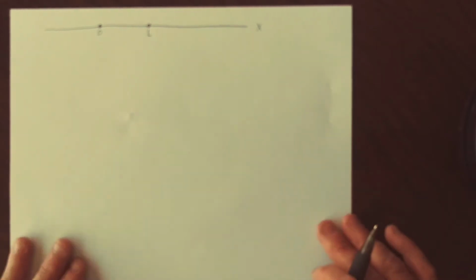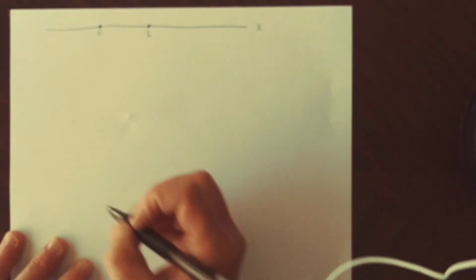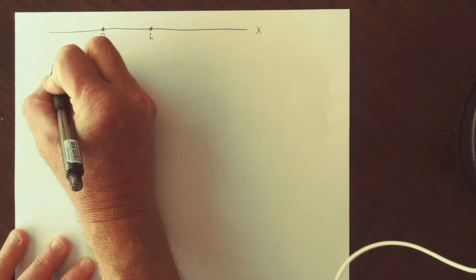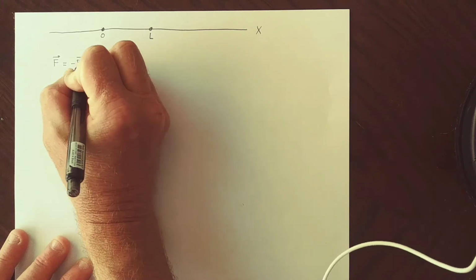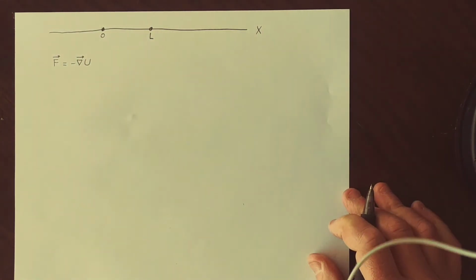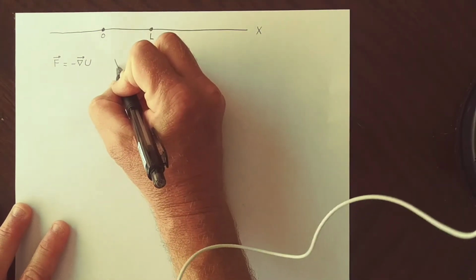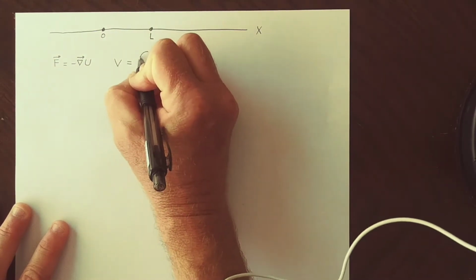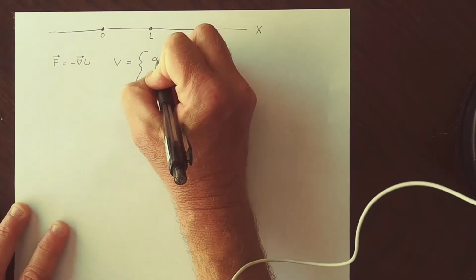So we're going to introduce an infinite force, and so we want to ensure at all costs that the particle stays in that region. Now we know that the force is equal to minus the gradient of the potential, and so the way to accomplish this is to have a potential which is infinite.